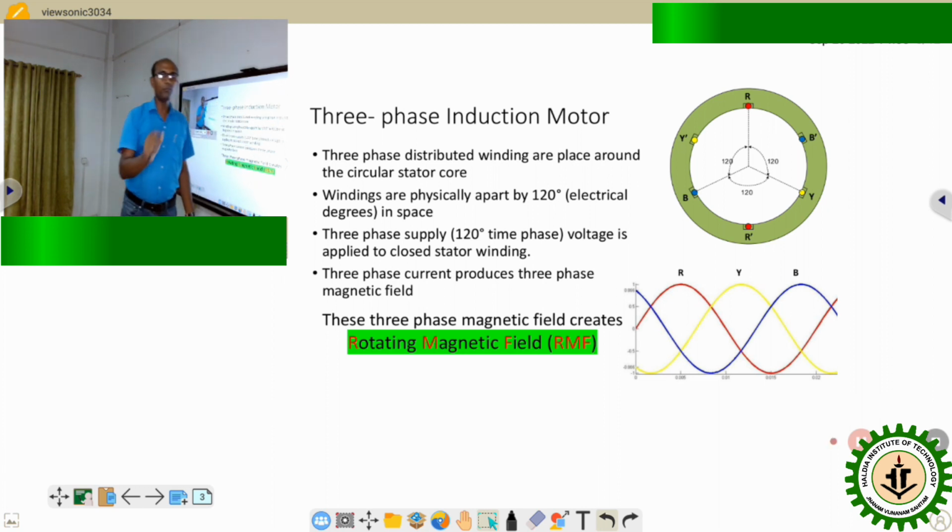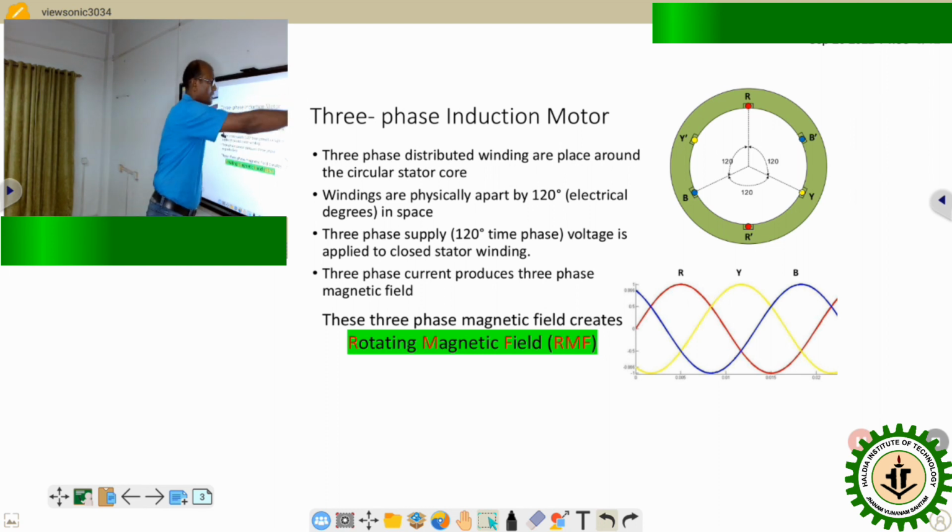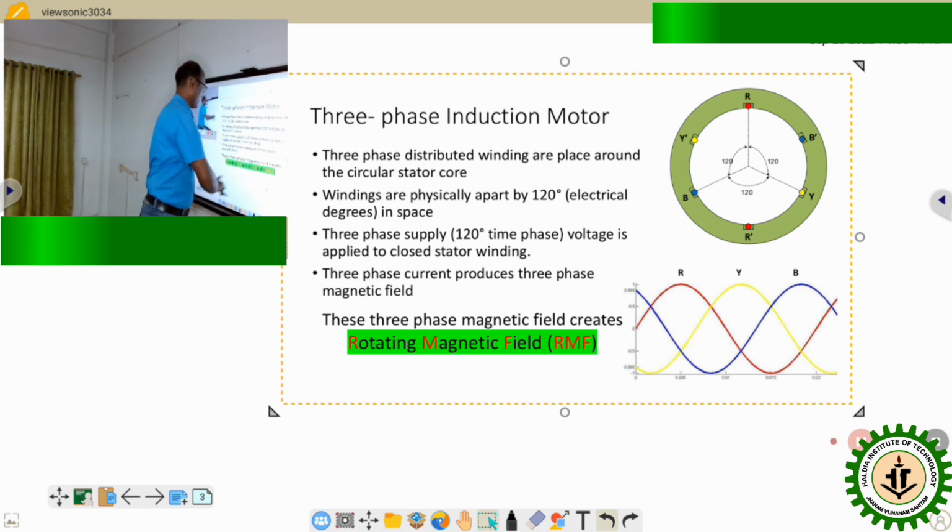All these currents, R phase, Y phase, B phase, create fluxes: the R phase creates R phase flux, the Y phase creates Y phase flux, the B phase creates B phase flux, and all these individual fluxes move in the same circular core.